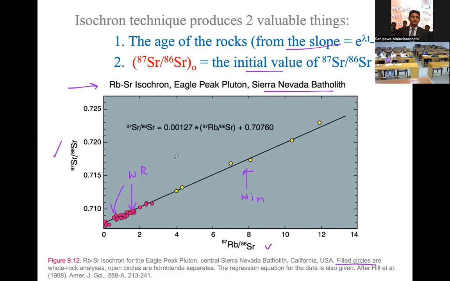Always remember this slope. You have to be very precise on this slope, right? That is very important, because you see here the value is e^(λt). If you make a very small change in the slope, suppose your slope should be this, but due to some analytical error, human error, you get a slope like that.